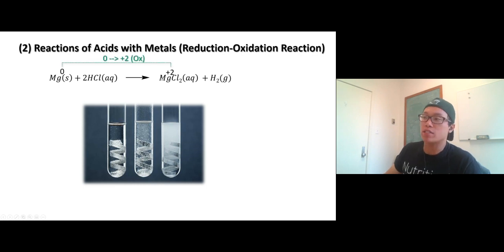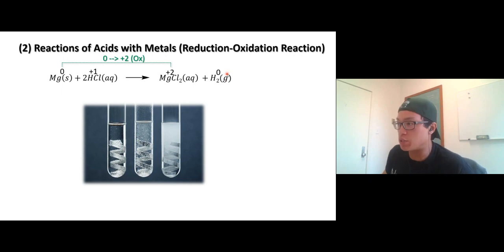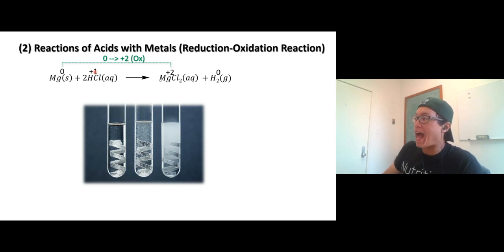That is an oxidation reaction, an increase in oxidation number. Now hydrogen in hydrochloric acid is +1 because chlorine is -1. What's the oxidation number of hydrogen gas? H is 0, a gas in nature. Same thing, an element by itself is 0. +1 goes down to 0, a decrease in oxidation number, so we call it a reduction reaction.